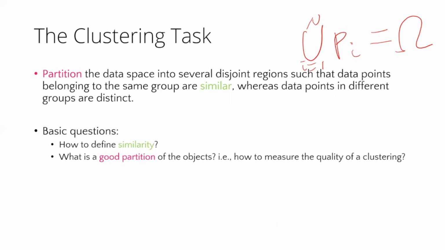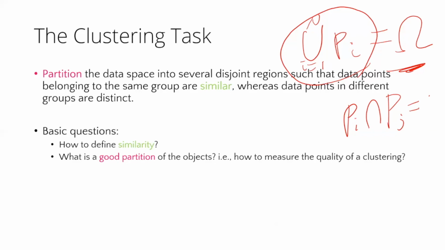If omega is our data space, we want the union to cover the entire data space. Plus, we want them to be disjoint, meaning the intersection between two partitions needs to be the empty set if i and j are different. So for different partitions, there's no overlapping region.